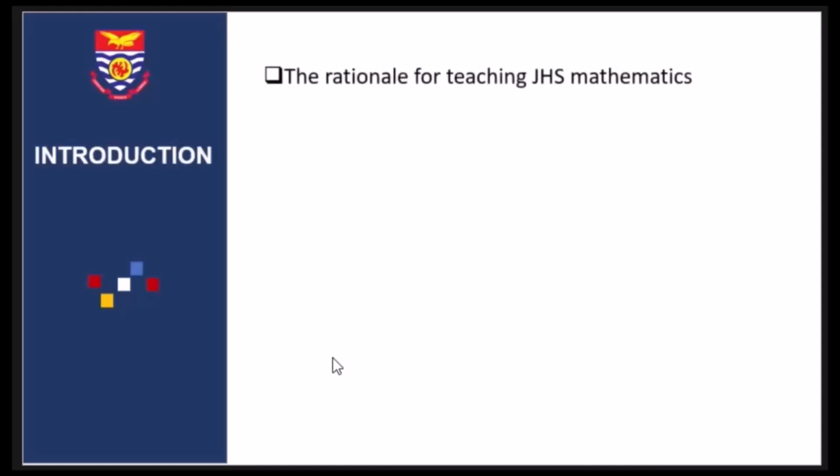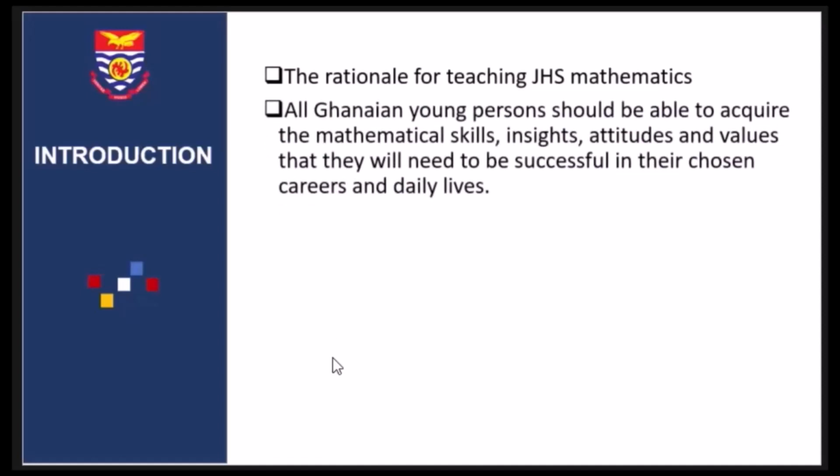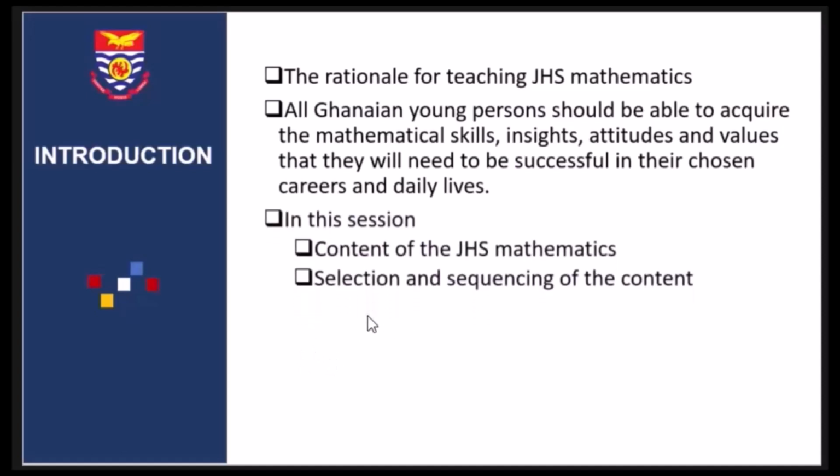In our previous session, we looked at selection and sequencing of subject matter, and then we looked at factors that influence the sequencing of subject matter. The rationale for teaching the JHS mathematics curriculum, as stated in the 2012 JHS syllabus that we looked at in Unit 1, states that all Ghanaian young persons should be able to acquire the mathematical skills, insights, attitudes, and values that they will need to be successful in their chosen careers and daily lives.